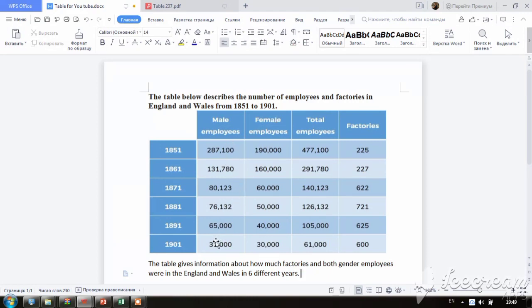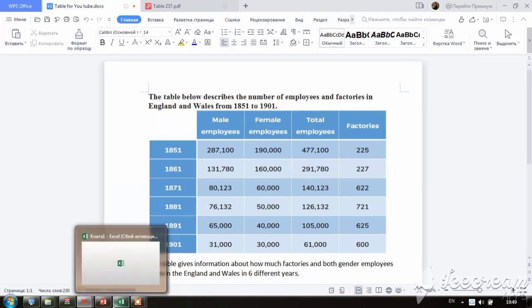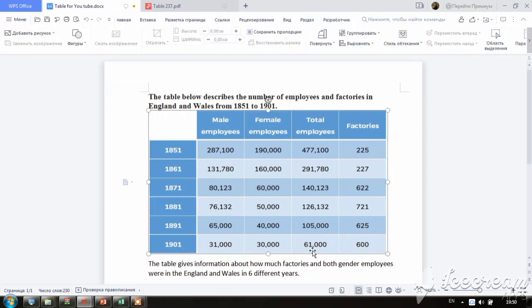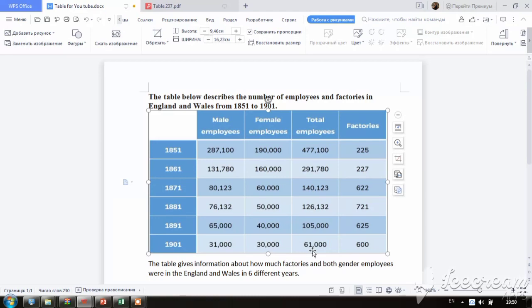Let's illustrate it on our PowerPoint. Finally, in the last year of this period, the number of both genders was almost the same. You can see in our table the male and female employees, their number was almost the same, 31,000 or 30,000.